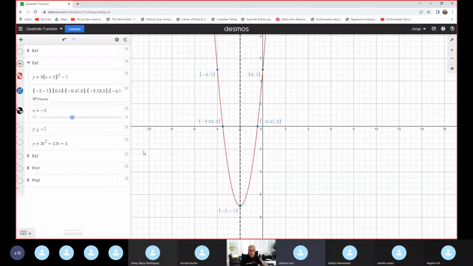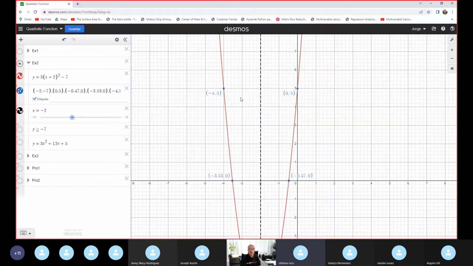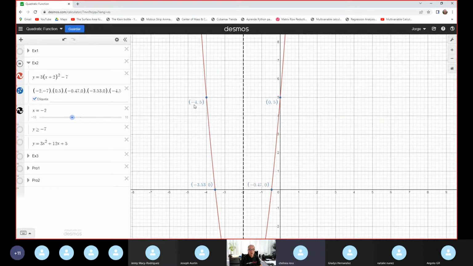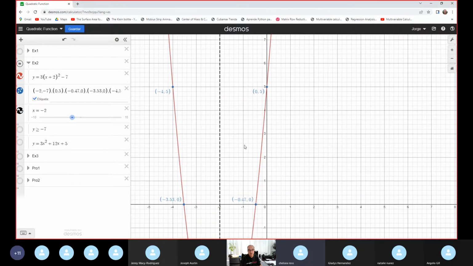Yes. Where does this point come from, professor? Negative 4, 5. Oh, using the symmetry, right? What is this distance? The distance from the axis of symmetry to that point is 2, because this line is x equals negative 2.